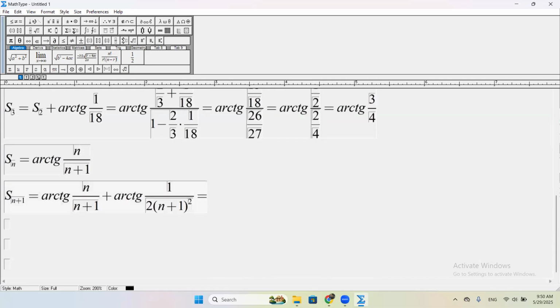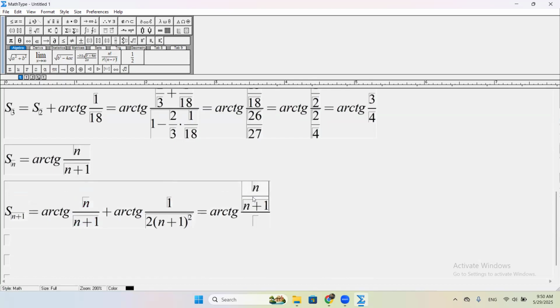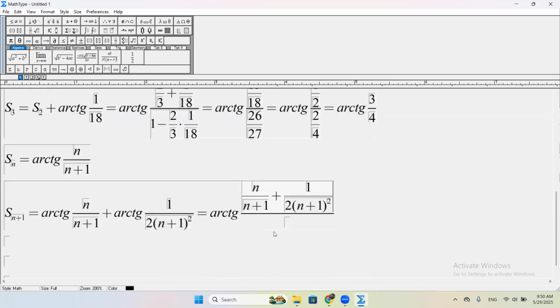We will again use such formula, adding this expression and this expression, and 1 minus n by 2 n plus 1 cube.